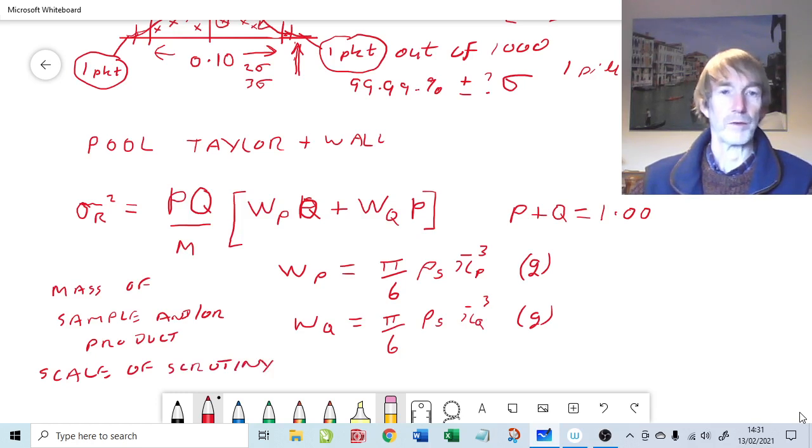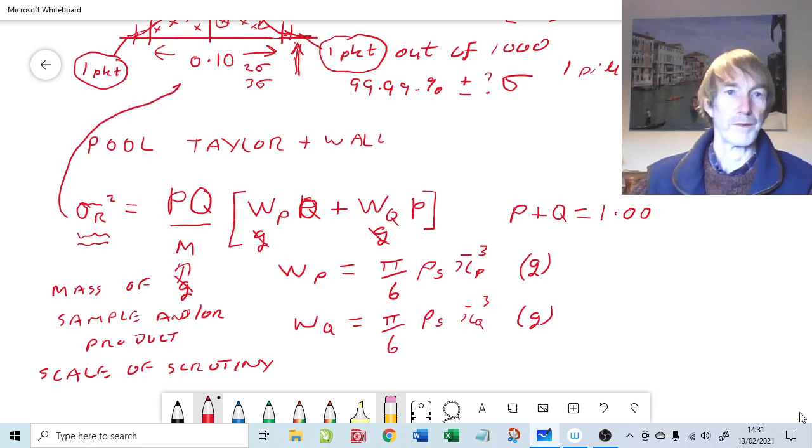Okay, so how does that work? Well, if that is mass, we'd expect that to be in terms of grams. We've got this in terms of grams, we've got this in terms of grams. They all cancel out in terms of units, and therefore we're getting the variance, which we can take the square root of to get the standard deviation, to do an analysis similar to what I just spoke about a few moments ago. But let's just finish off by talking about the scale of scrutiny.